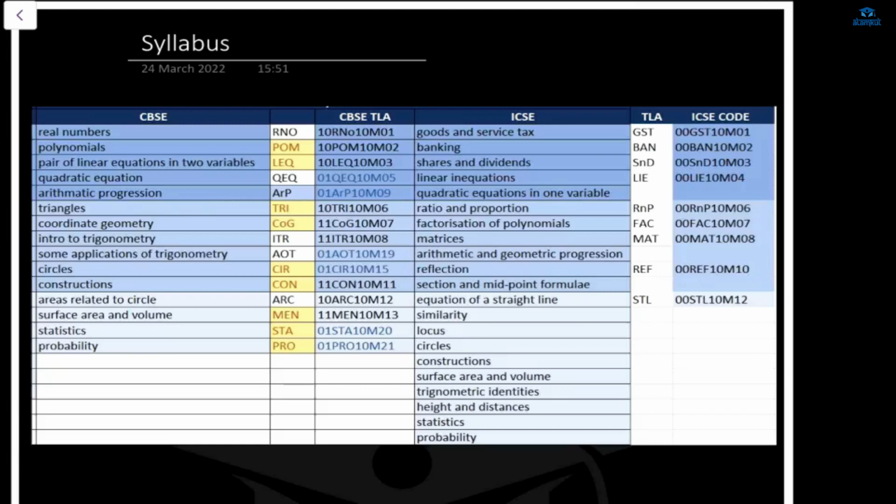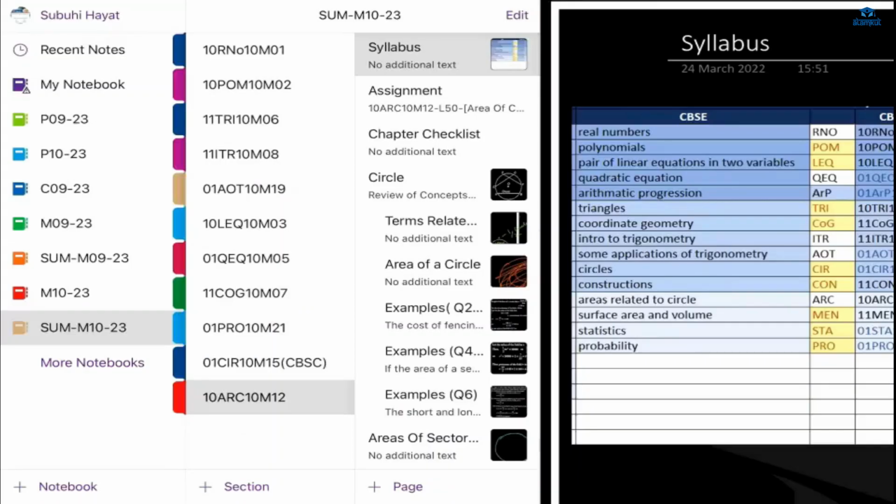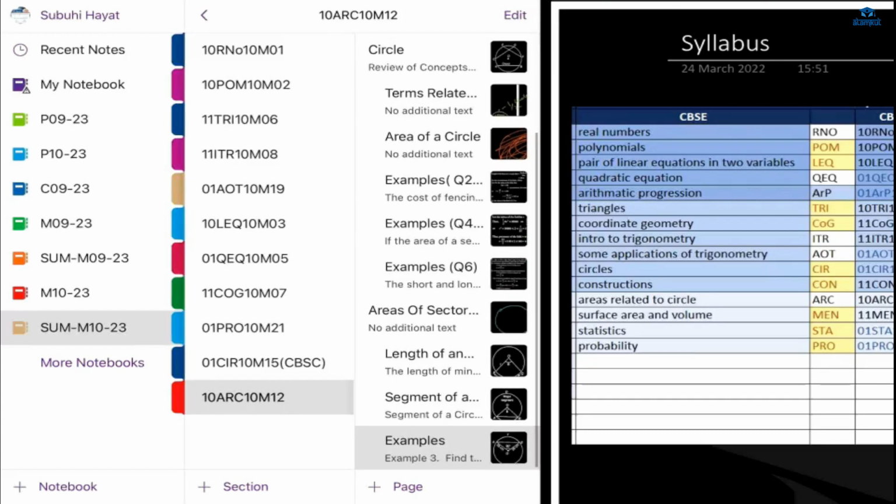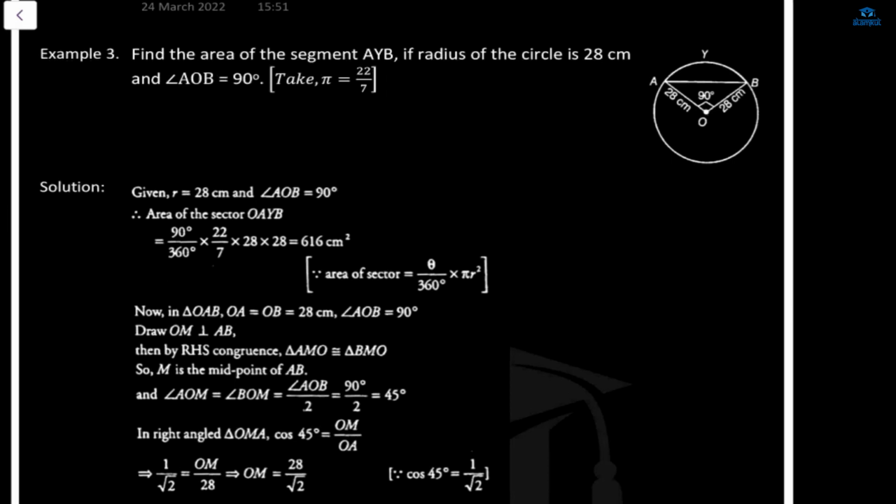Okay, yes, fine, we'll do arithmetic progression. But before that, you will be having your test, because we have completed the chapter. And I think we have done only the circle assignment. Yes, we have not started the area of circle assignment. Mom, can we do some assignment first, and then you can take the test?